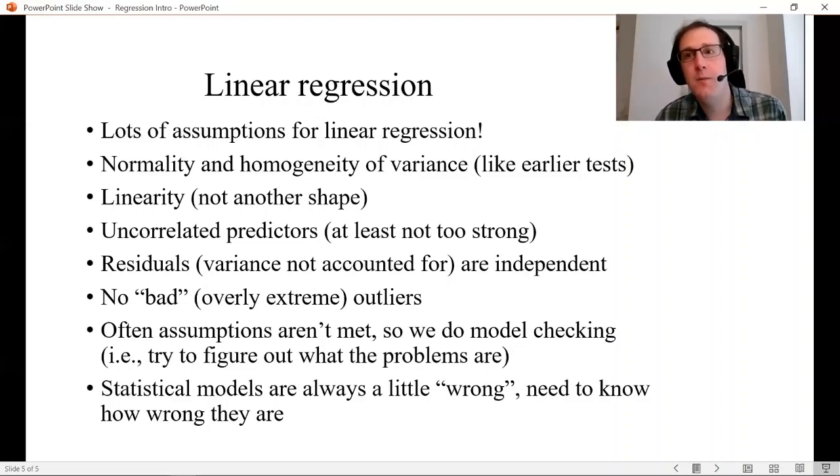Linear regression is one of the most basic types of statistical modeling that you do. But with any statistical modeling, you're always going to be at least a little bit wrong. You basically are trying to figure out how wrong you are and how much of a problem that is. Because we want our models to be at least a little bit informative.